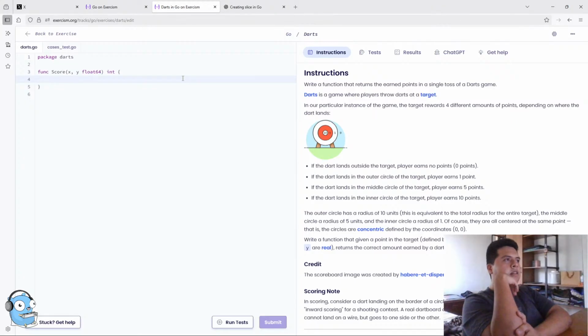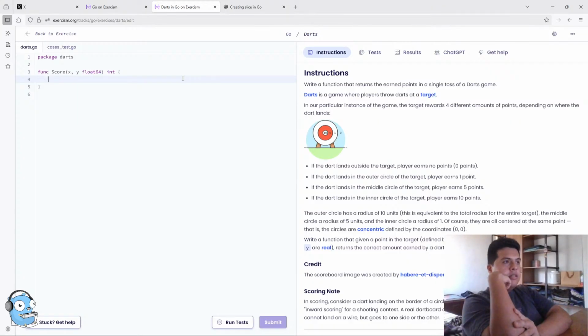Okay, never mind. Write a function that returns the earned points in a single toss of a dart game. Dart is a game where players throw darts at a target. In our particular instance of the game, the target rewards 4 different amounts of points depending on where the darts land.